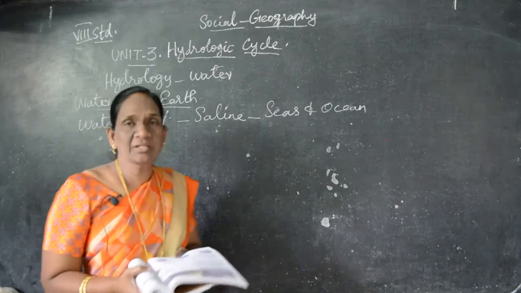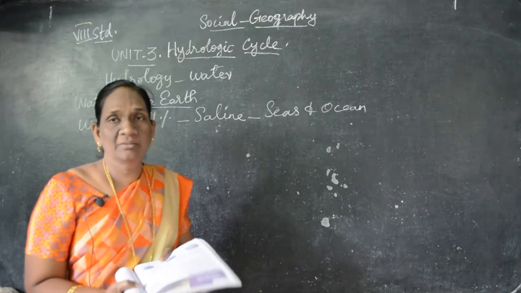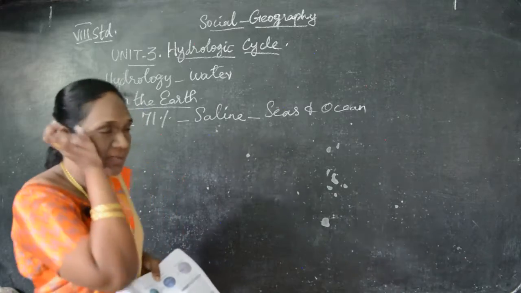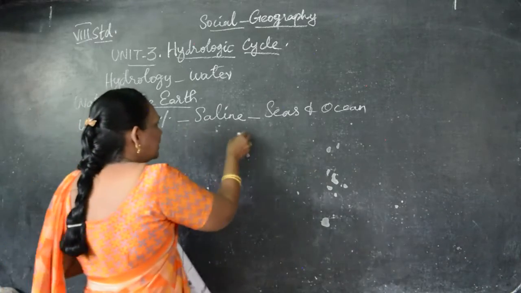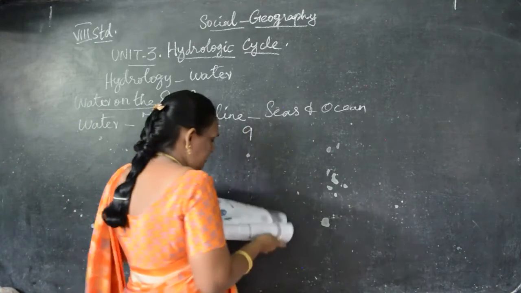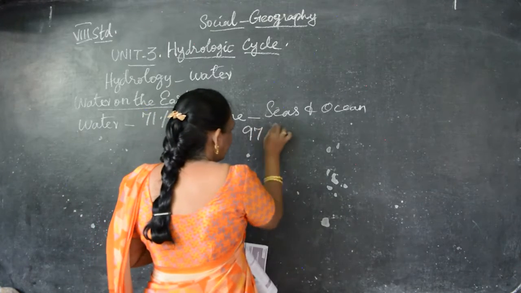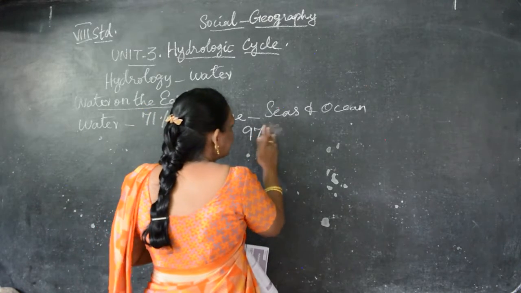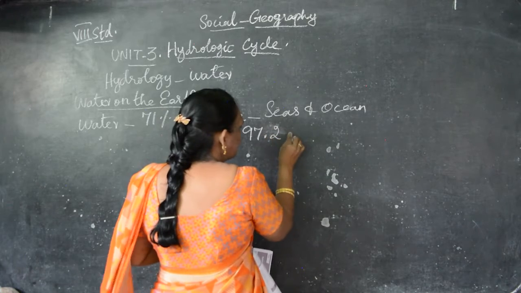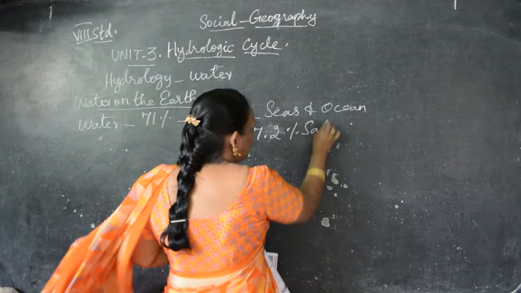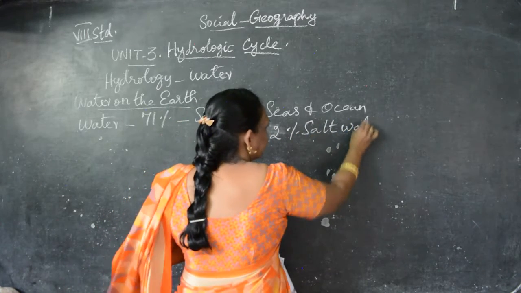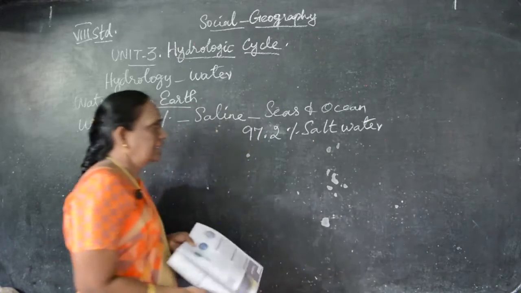Here the salt water consists of 100%. If we take it like that, the salt water consists of 97.2%. 97.2% is salt water. Understand?